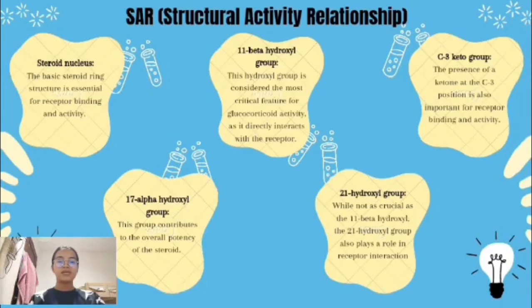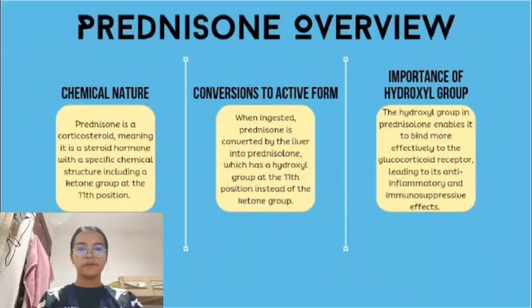The C3 keto group: the presence of a ketone at the C3 position is also important for receptor binding and activity. The 17-alpha hydroxyl group: this group contributes to the overall potency of the steroid. The 21-hydroxyl group: while not as crucial as the 11-beta hydroxyl, the 21-hydroxyl group also plays a role in receptor interaction.